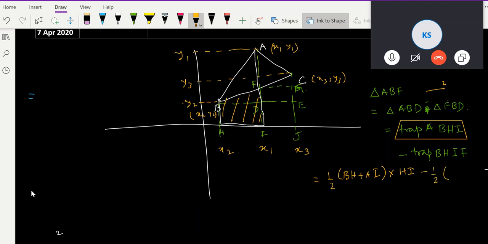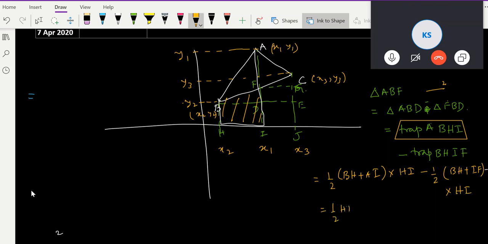Half. What are the parallel sides? BH and IF. BH plus IF. And what is the height? HI once again.